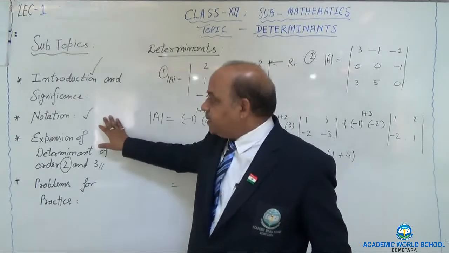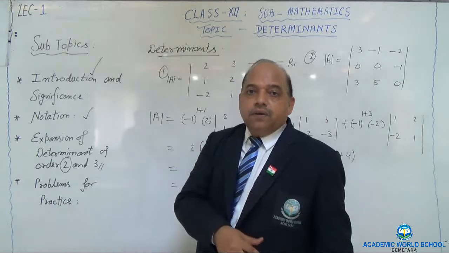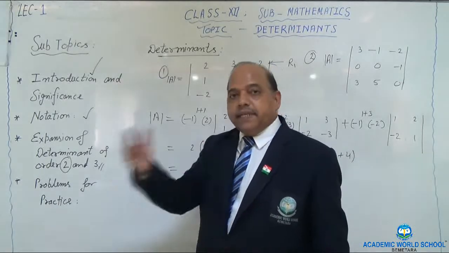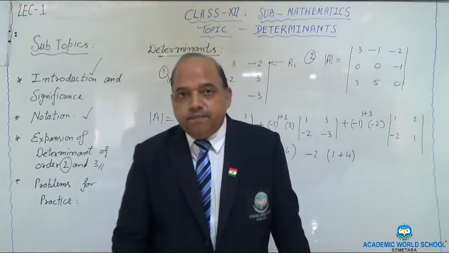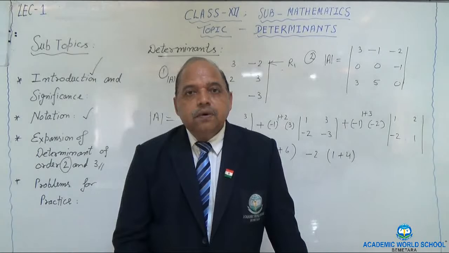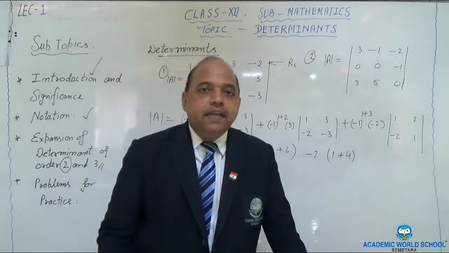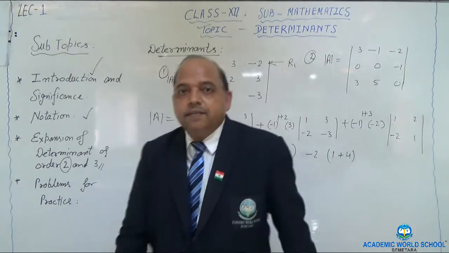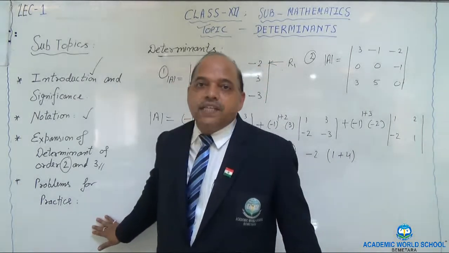Then how to denote it. Then we learned how to expand a 2 cross 2 determinant or 3 cross 3 determinant. Another point, in our curriculum we are supposed to learn 2 by 2 or 3 by 3, not beyond that. This is the limitation imposed by CBSE. And then we have learned some questions on how to expand this.